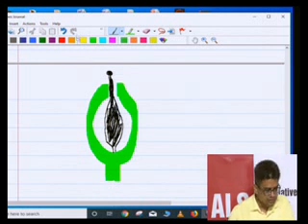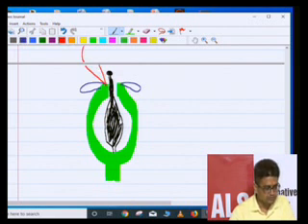And the calyx will be born at this place. Calyx will be here. I'm not drawing green calyx right now. Androecium, the petals are here. These are the petals. The petals are white colored in guava.